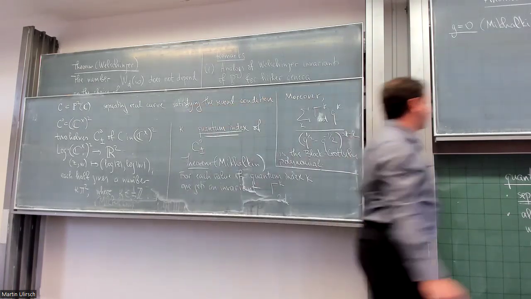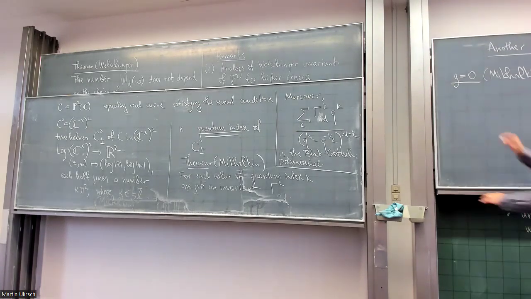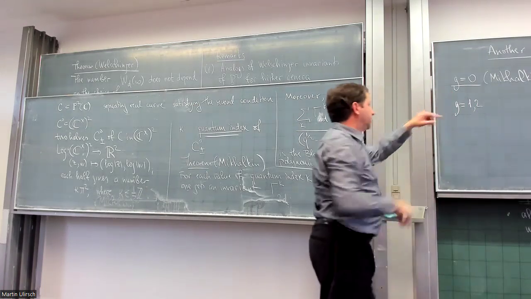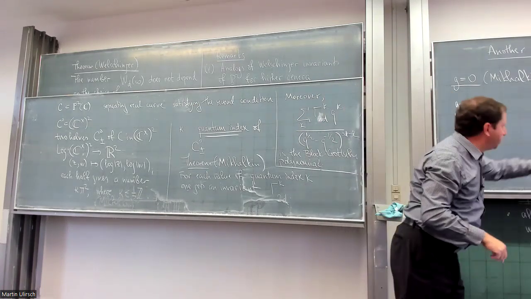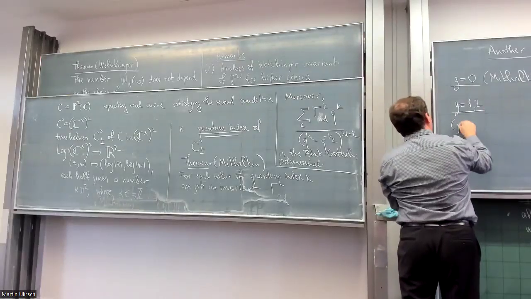Okay, so I should finish. Let me just say that with Zhenya Shustin, in joint work, we extended at least some of Mikhalkin's statements to the case of genus 1 and 2.